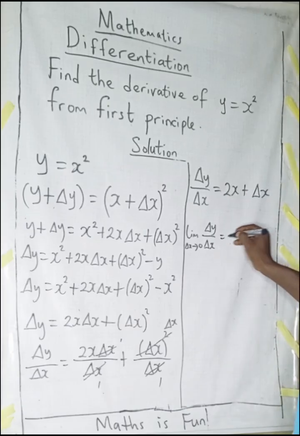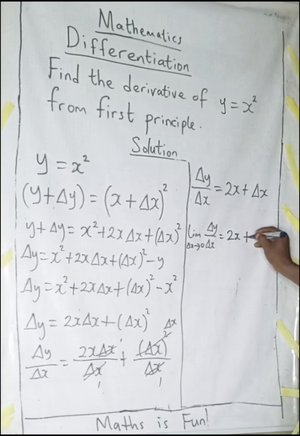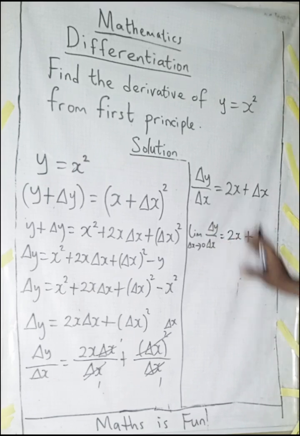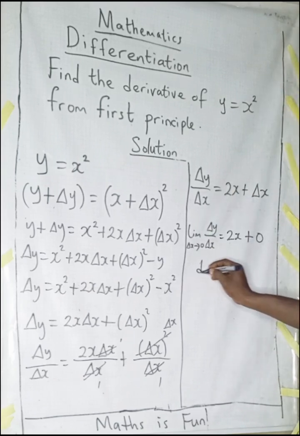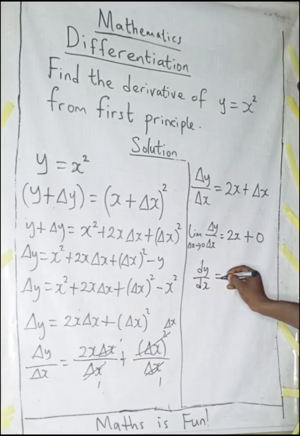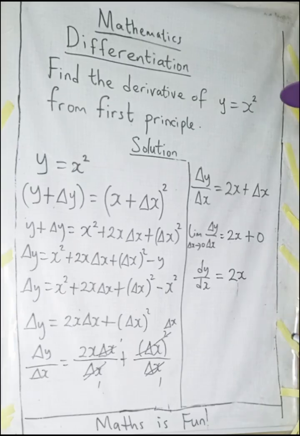So we're going to be having 2x plus change in x tends to what? 0. So what do we have at the end of the day? That dy/dx will give us just what? 2x. And that's it.